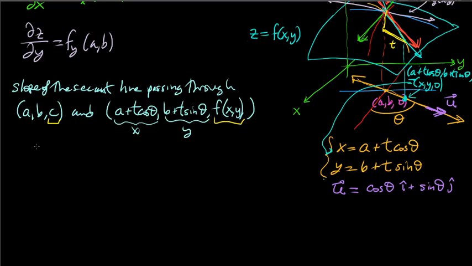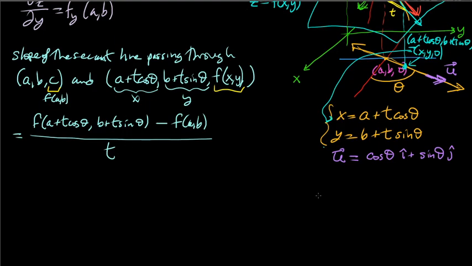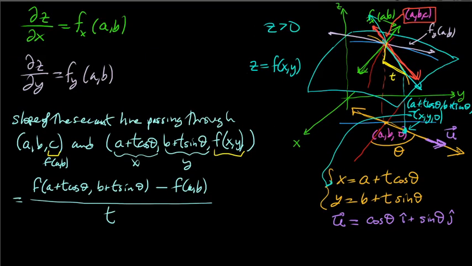So that slope is just going to be f of a plus t cosine theta, b plus t sine theta, minus f of a, b, which I've been calling c, and then divided by t. So that's the slope of this light blue line here.